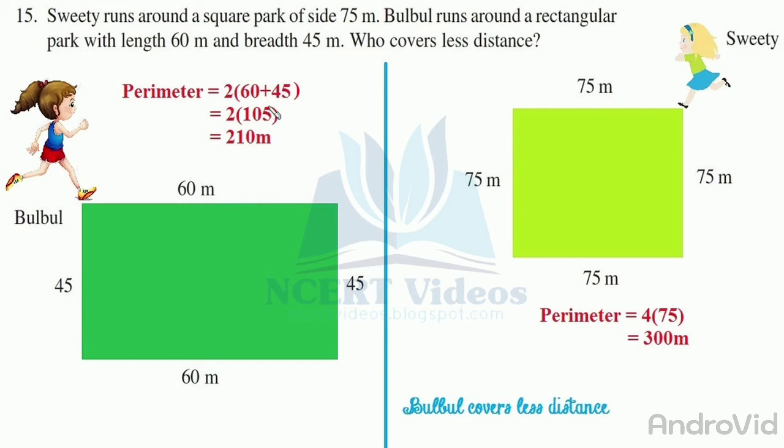When we add it, it gives you 105 multiplied with 2, then it is 210 meter. So clearly you can see that there is a difference of 90 meter and Bulbul covers less distance. So this was your question number 15.